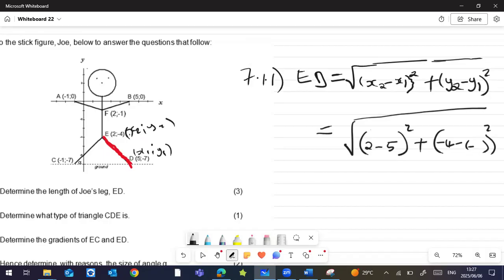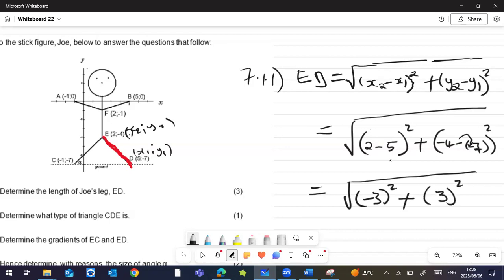This is our minus 7. Therefore, moving step by step, 2 minus 5 will give me minus 3 squared. This negative times negative will be positive. Then we'll have minus 4 plus 7. Minus 4 plus 7 will give us positive 3.